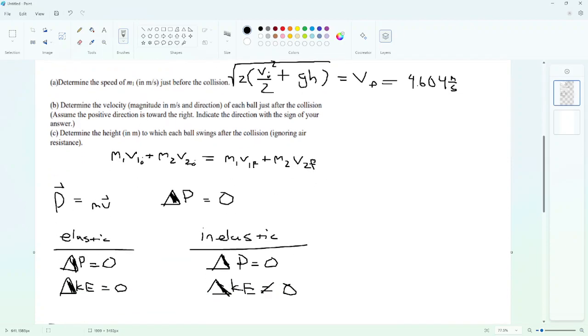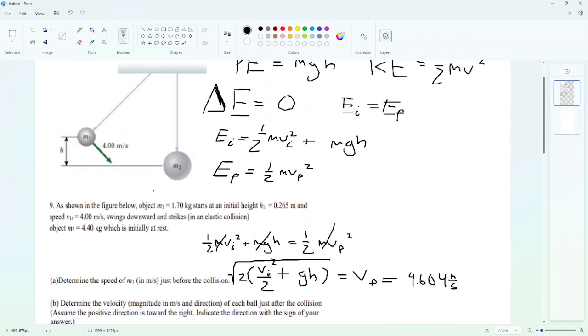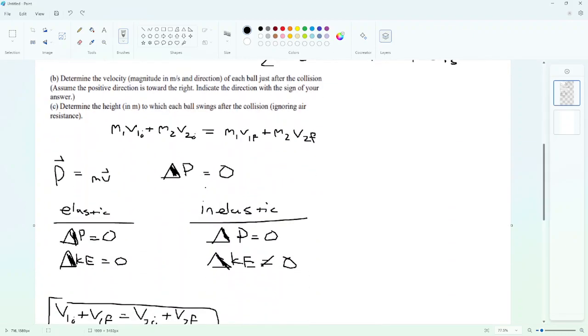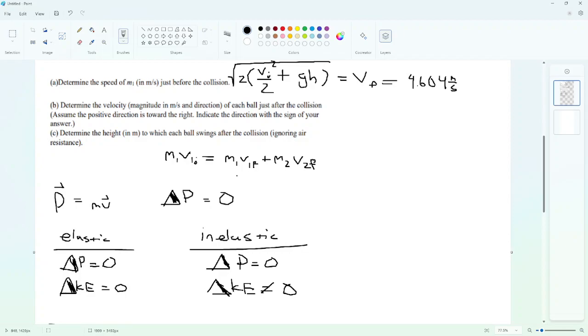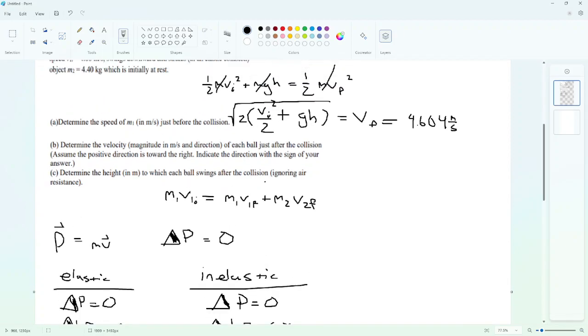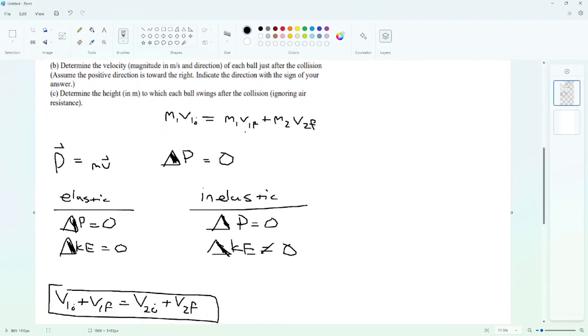Of course, v2i, the initial velocity of mass 2, is going to be 0, so we can go ahead and get rid of that. Cool beans. So now we have a problem because we have two unknowns. We have this one and this one.